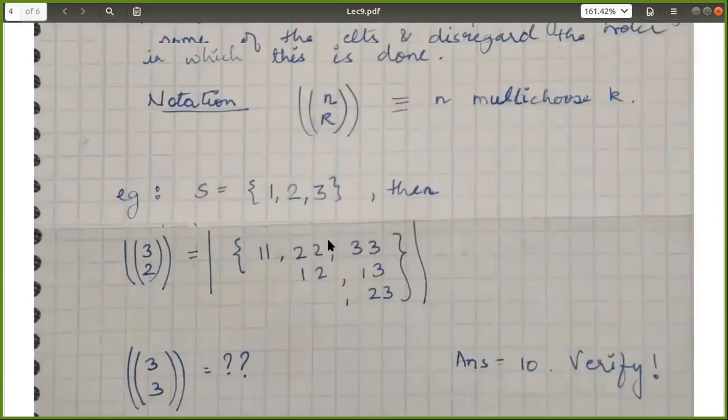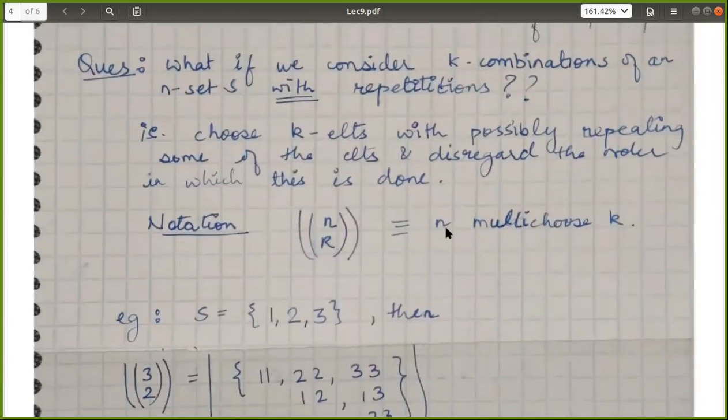This was the notation which said in how many ways can you choose k elements from n allowing repetition. This was a notation.